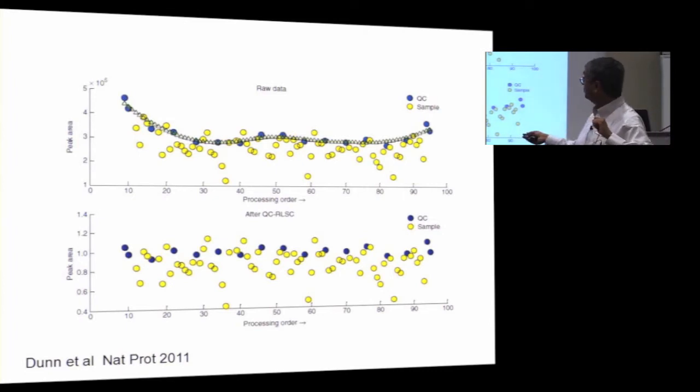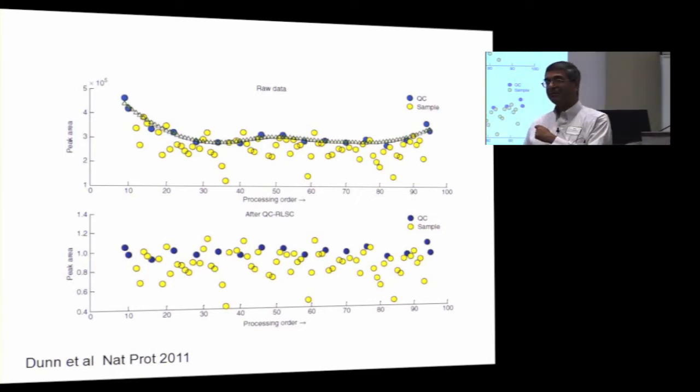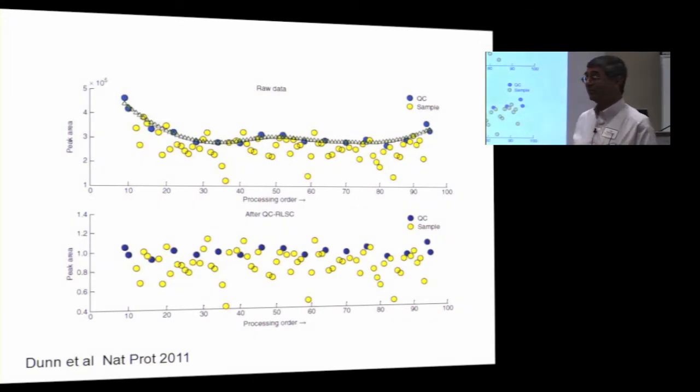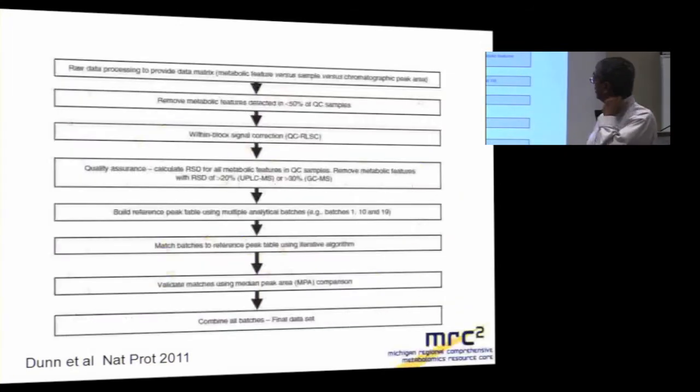But what you could do is, if you ran these QC samples, you could normalize this data and correct for the pool, and therefore you get a normalized value of your metabolite. And this is particularly important for untargeted analysis. So what we normally do is the raw data is processed, and then for untargeted we say it should be present in at least half the samples of at least one group.